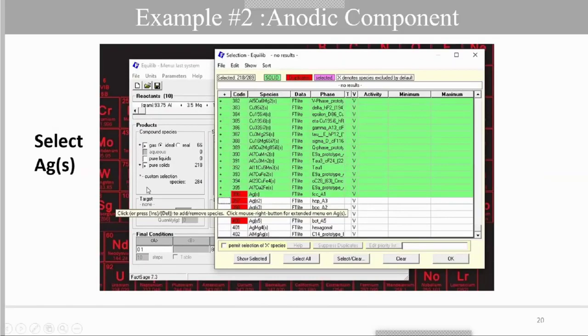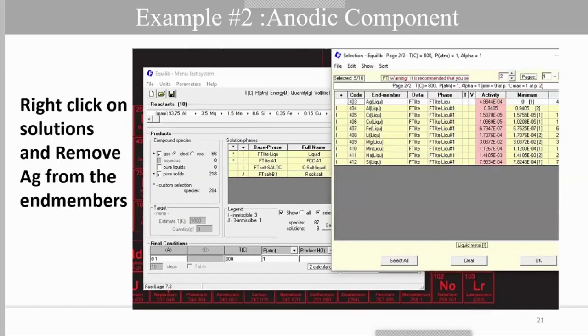This way, if we do this correctly, the only stable phase that contains silver is solid silver. So we know that it's going to form this. We're going to force this formation by making all the other phases that contain silver inactive. This is the phase selection that I do for the solution.